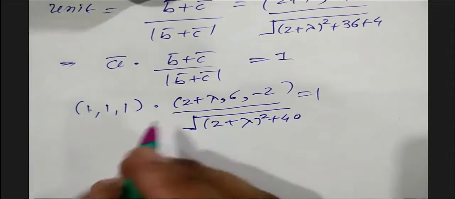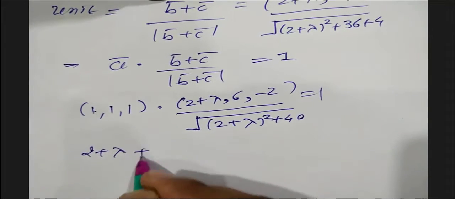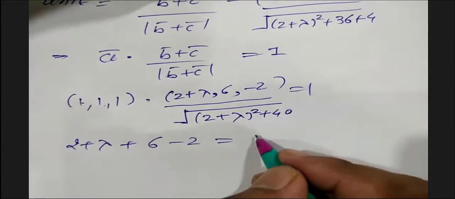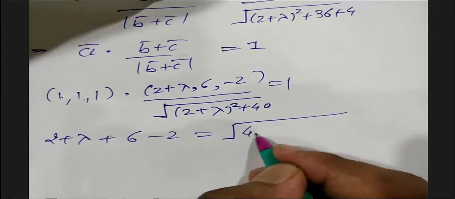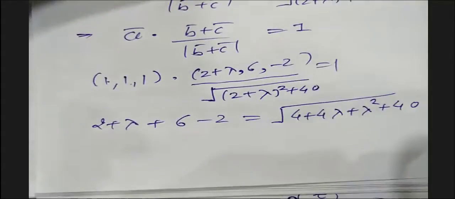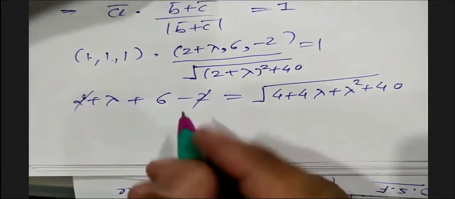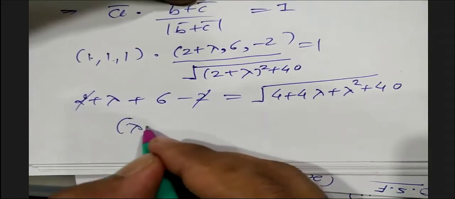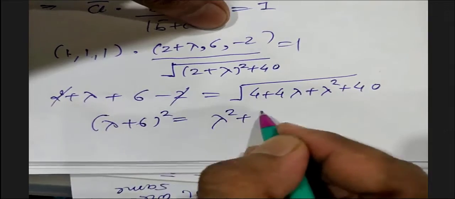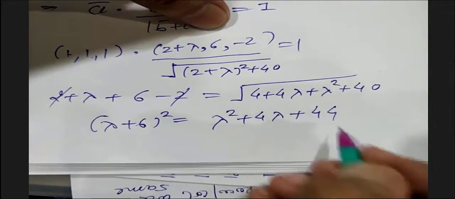Let's multiply 1 with 2+λ, similarly 1 with 6, and 1 with -2. So we are having 4 + 4λ + λ² + 40 under the root. Now taking the square on both sides, we are having (λ+6)² is equal to λ² + 4λ + 44.